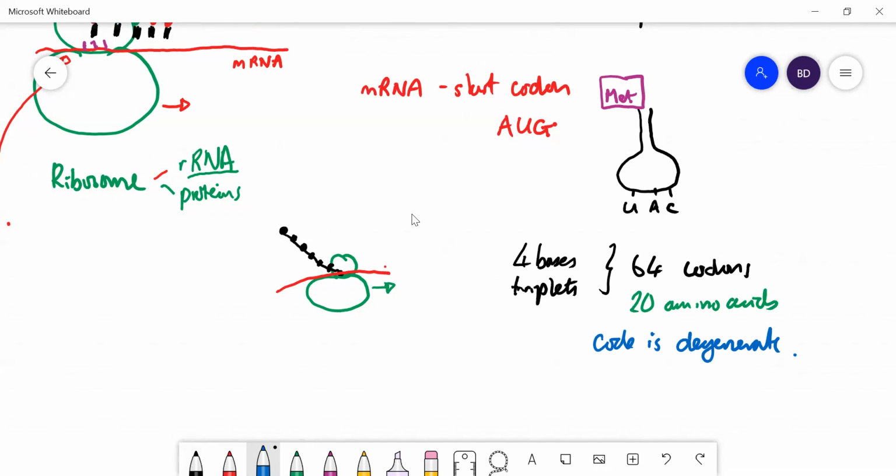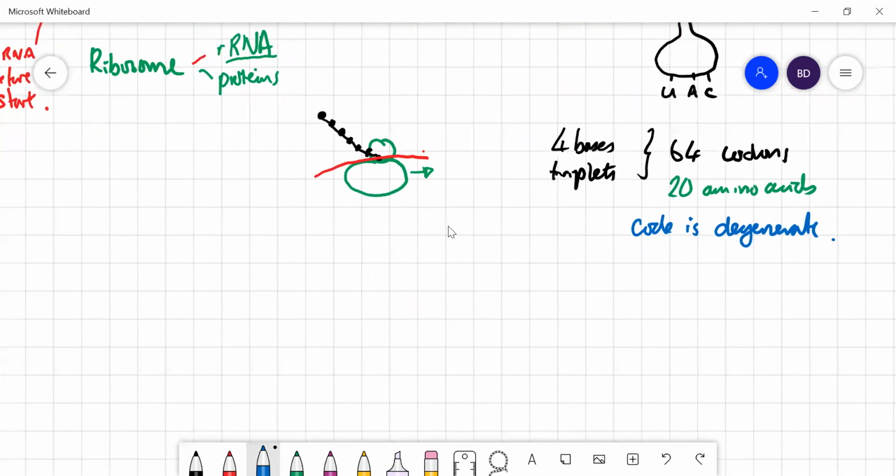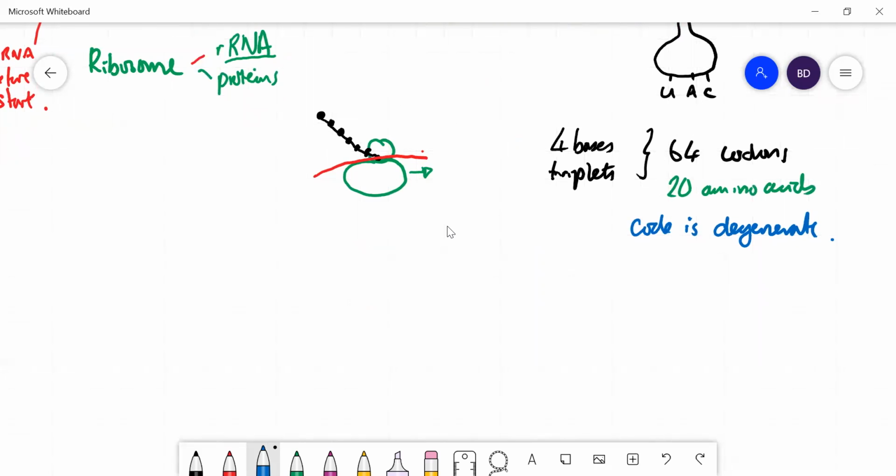Every amino acid actually has more than one codon, but let's have a look at, for example, glycine. Glycine, the simplest amino acid, has the following possible codons: GGA, GGU, GGC, and GGG.